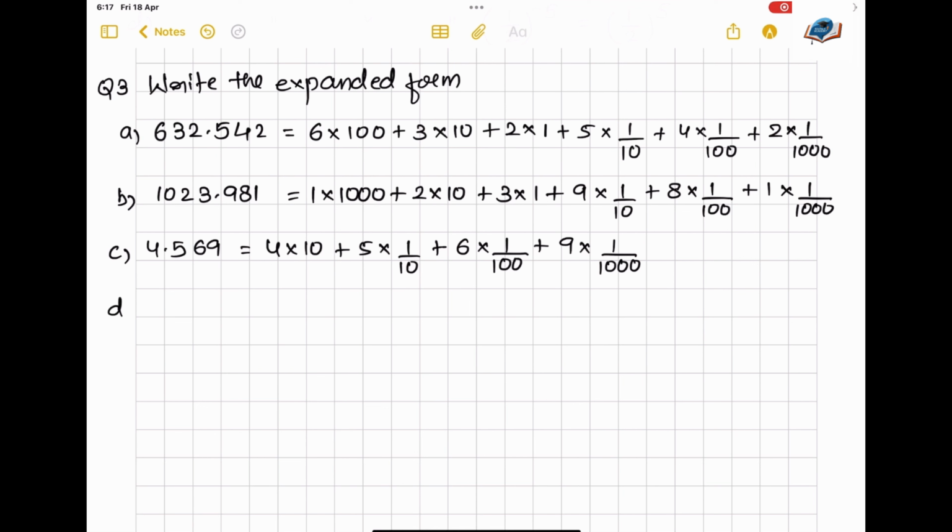And D says 0.1235, so that will be 1 into 1 upon 10 plus 2 into 1 upon 100 plus 3 into 1 upon 1000 plus 5 into 1 upon 10,000.